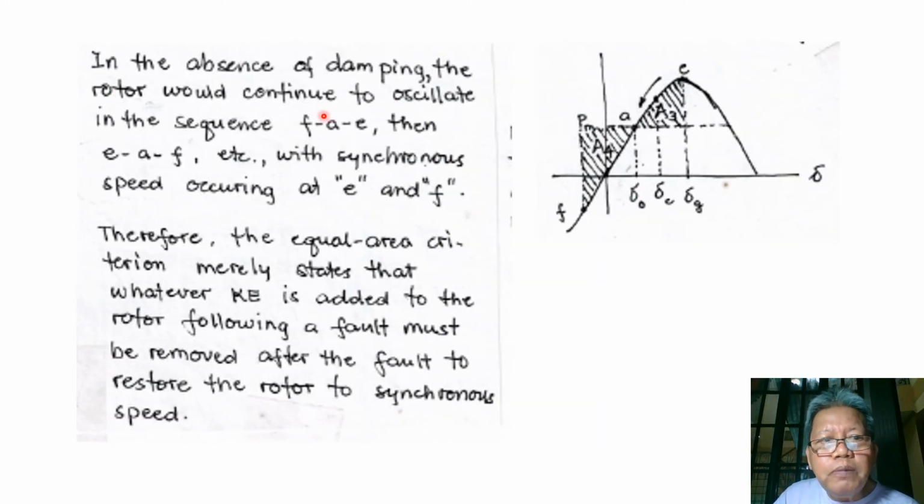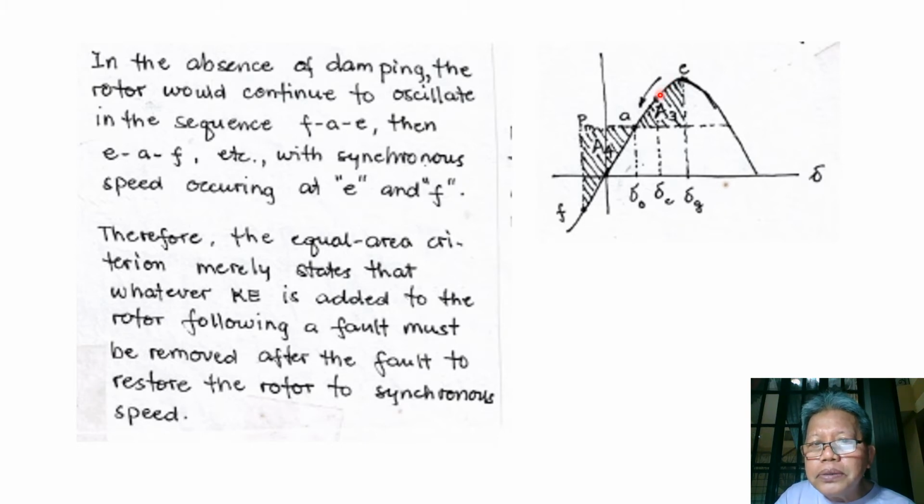In the absence of damping, the rotor would continue to oscillate in the sequence from F, then to A, then to E, and then from E to A and to F. So this will continue swinging if there is no damping. But if there is damping, then when it goes back to this point, it might not reach E anymore because of the damping effect.